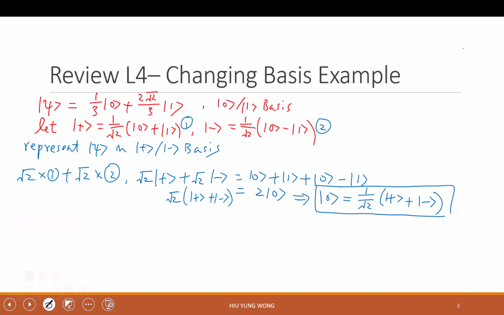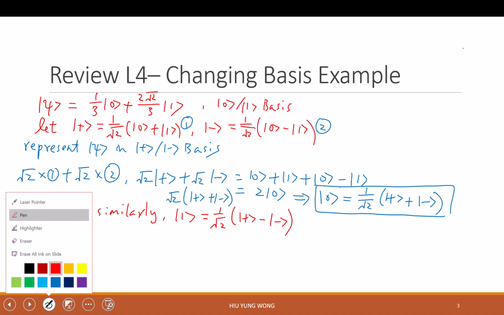Okay, and then the next one, you just continue to solve it yourself because of time. Similarly, you need to go through this yourself. 1 equals 1 over square root 2 plus minus. Is that okay? This one you trust me.